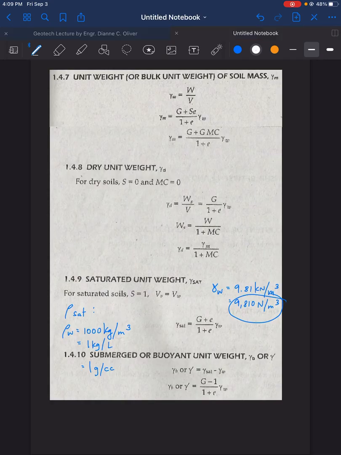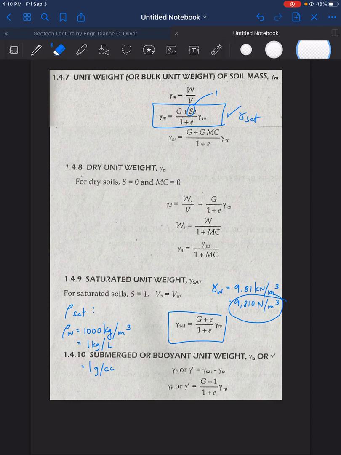Anyway, if you observe the formula for gamma sat and the formula for gamma moist, it's still the same if you put S as 1. See? So if you use S equal to 1, the formula of gamma moist becomes gamma sat. So no problem.